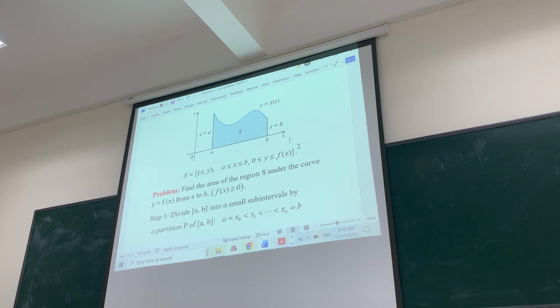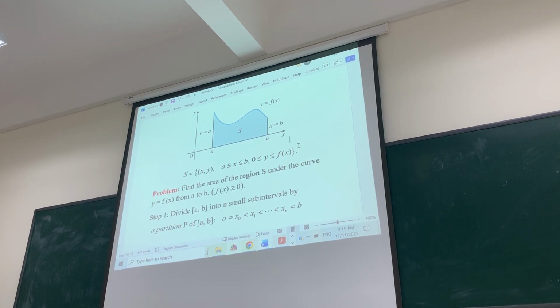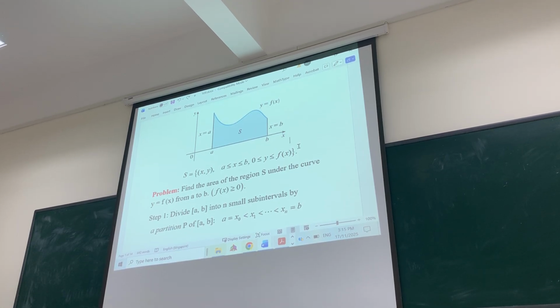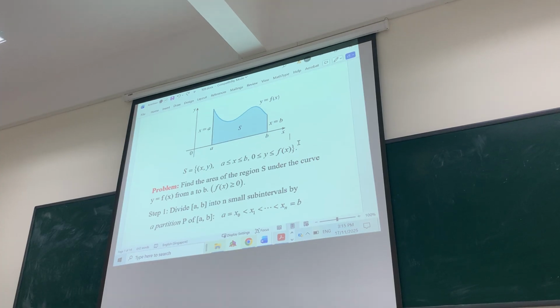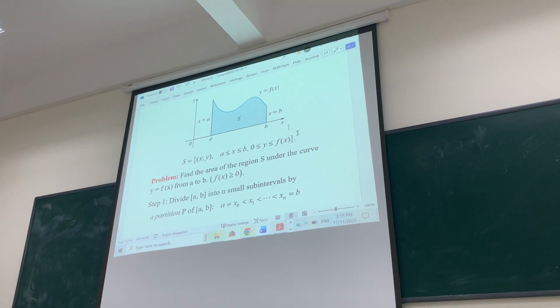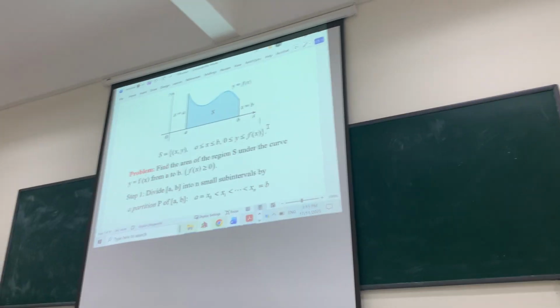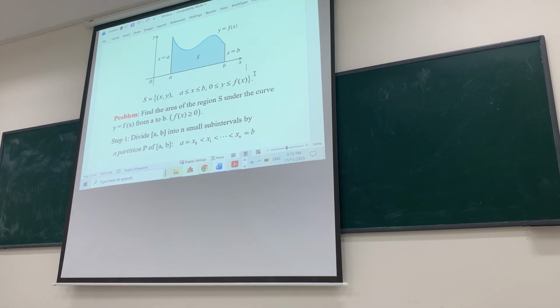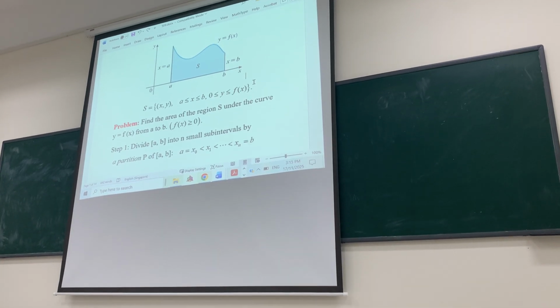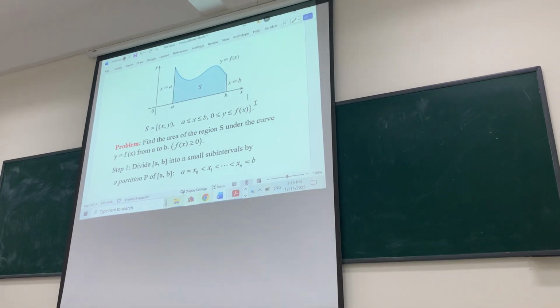Here we divide the interval [a, b] by division points x0, x1, ..., xn, with a = x0 and b = xn. That is the first step, we need to divide.